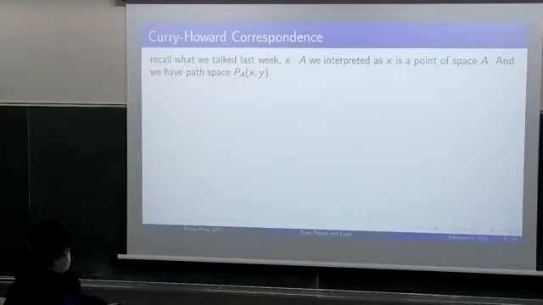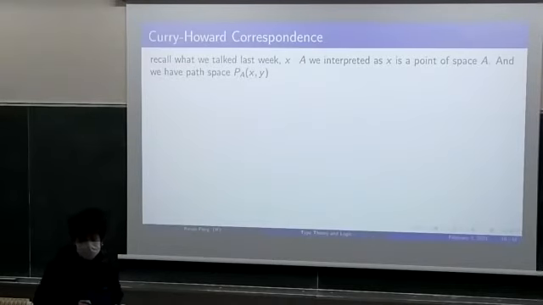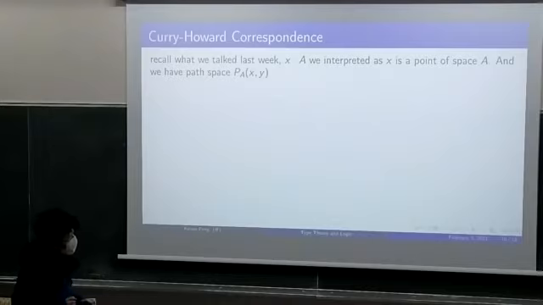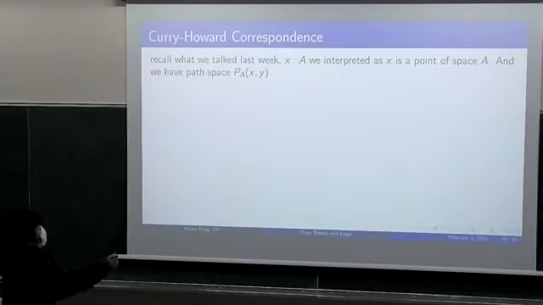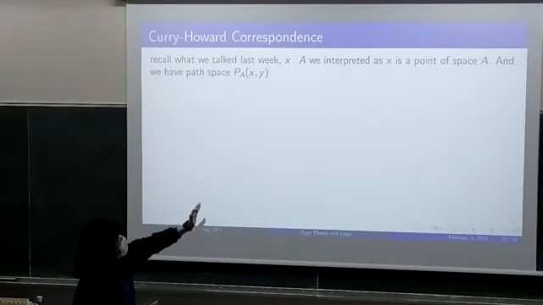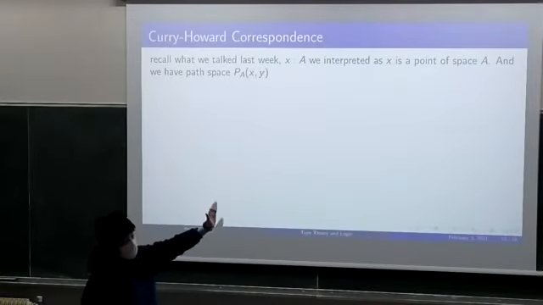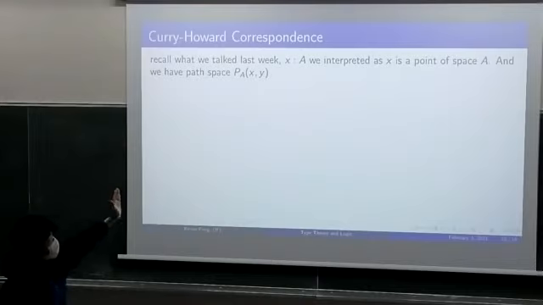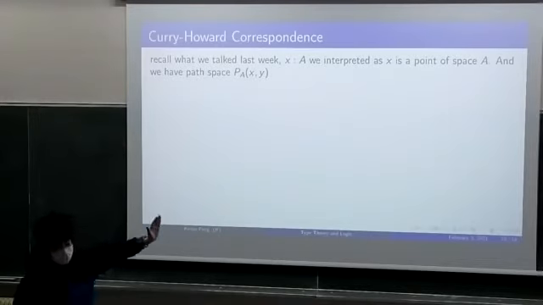When it comes to type theory, there is the so-called Curry-Howard correspondence. Just to record some notation: last week we talked about x being a point of A, which we denote x : A, and we also have the path space P_A(x, y).